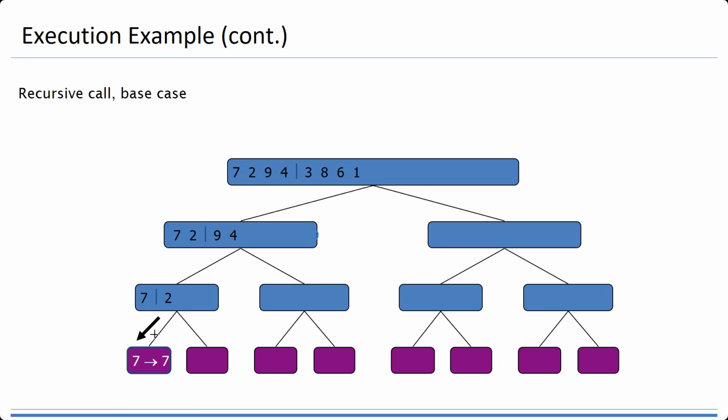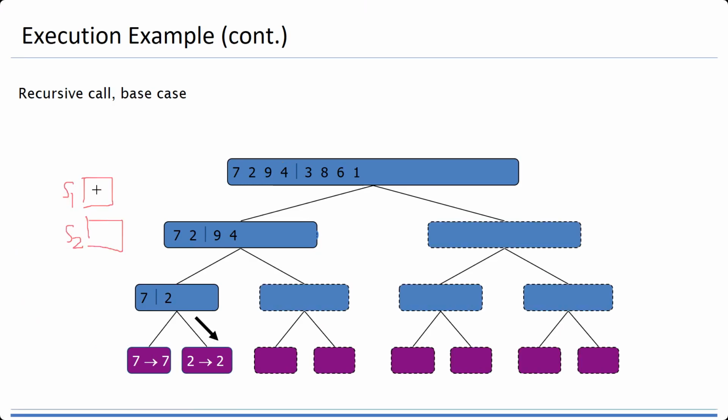After we finish this one, then we go to the right element. The right element means the subset 2. So we will check between 7 and 2. So we have S1 and S2.